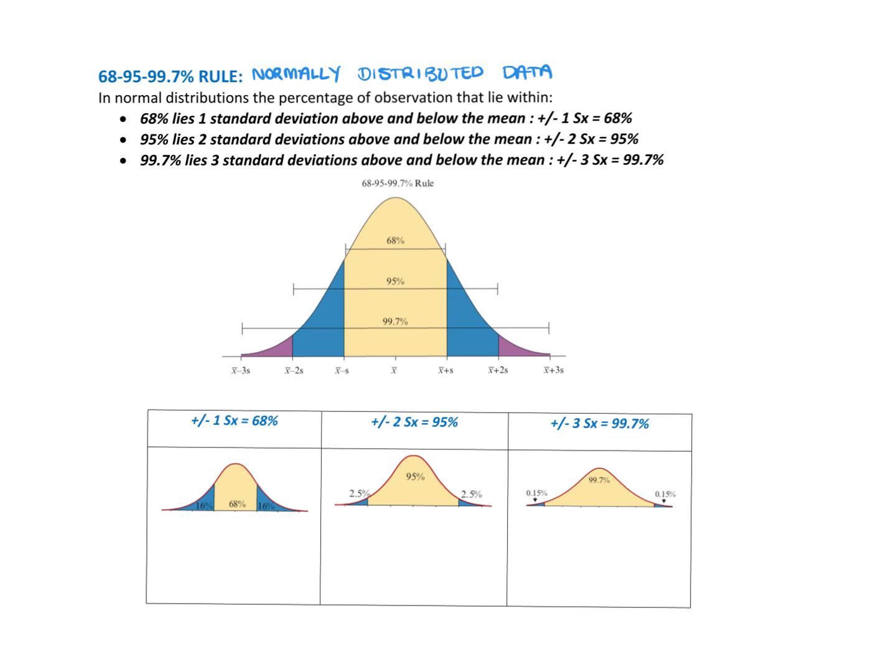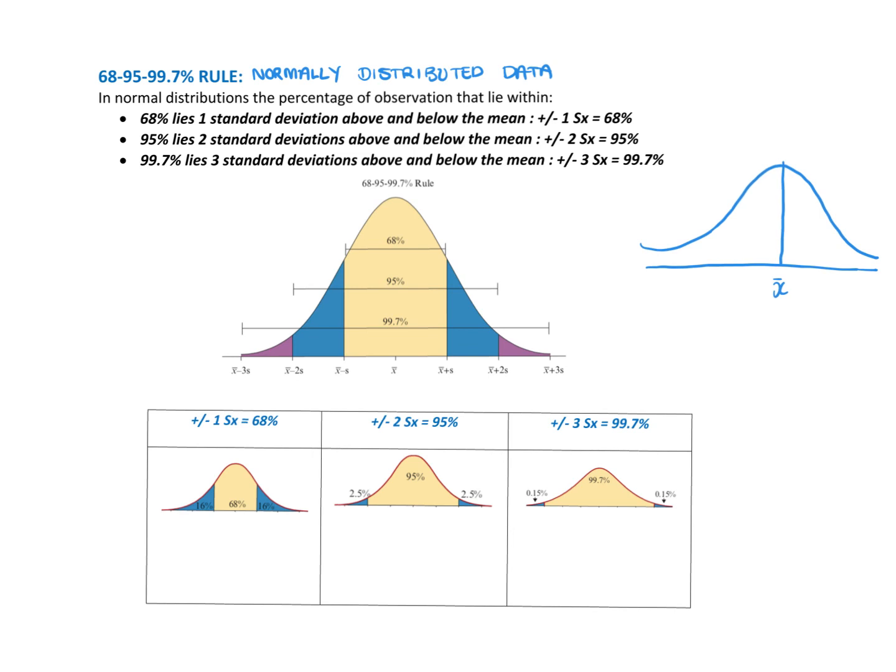So if you look before, I'm just going to draw a separate one. We had the mean in the middle, and we knew that there was, say, 50% above it and 50% below it.